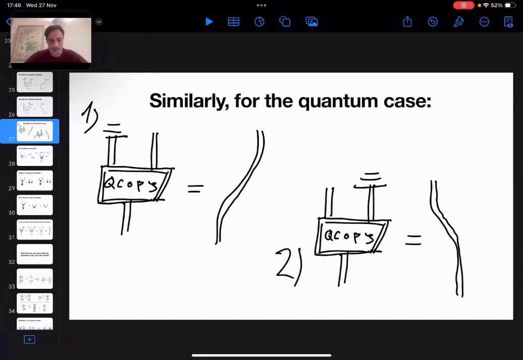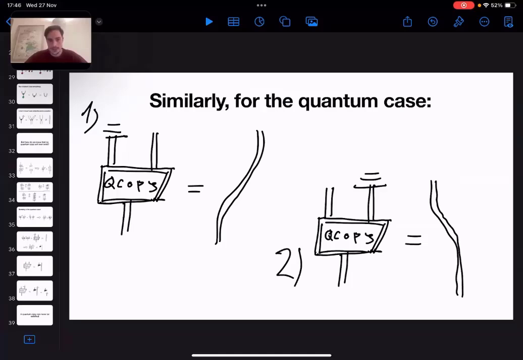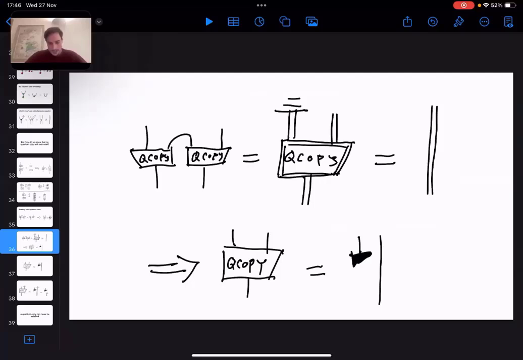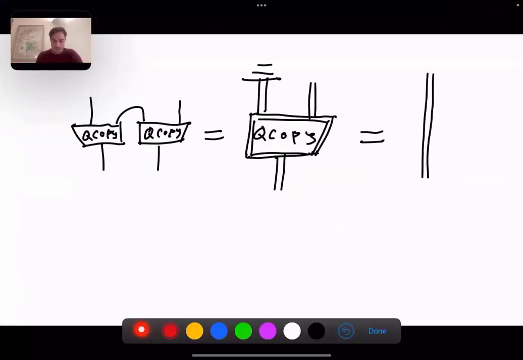If you discard either of the outputs, you should just get the identity wire on the other wire and the input. And here, what I'm trying to tell you is that this was one of these original equations, right?